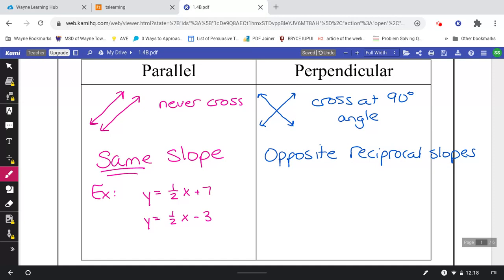So what we mean by opposite reciprocal, opposite, we mean opposite sign. So like a positive versus a negative. Reciprocal is just when I take the fraction and I flip it. So flip the fraction. So opposite sign, plus versus minus, and flip the fraction.